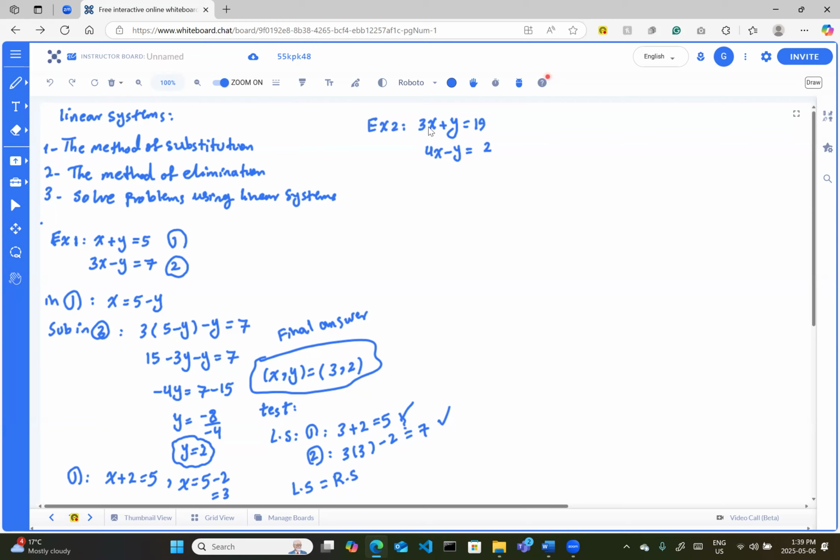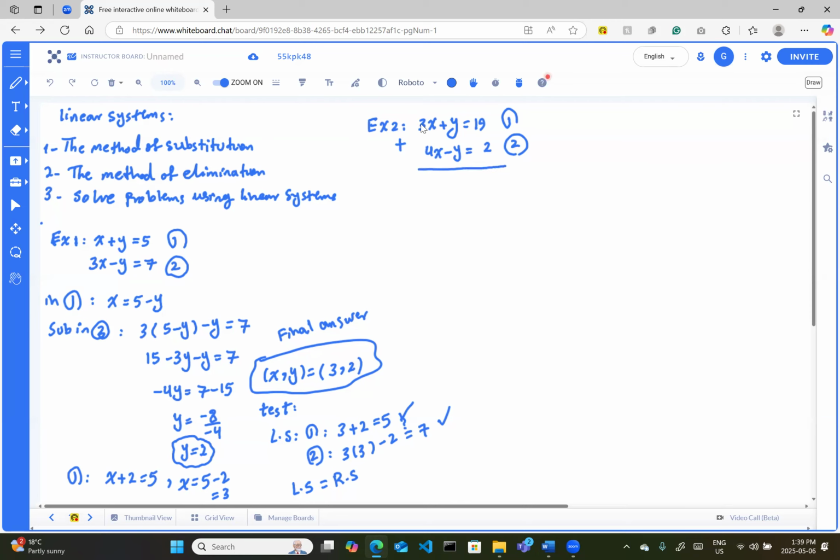So we have 3x plus y equals 19. And in the second equation, we have 4x minus y equals 2. The coefficients in the first and the second equation show that if I add these equations, then y minus y will be 0. So I'm going to add these equations.